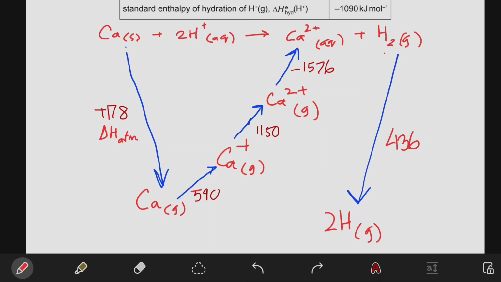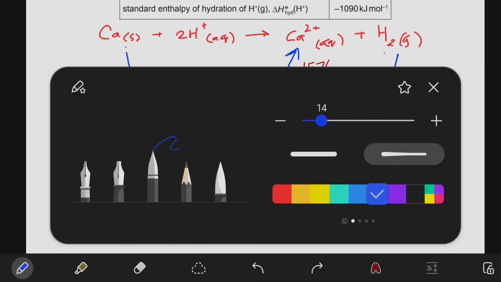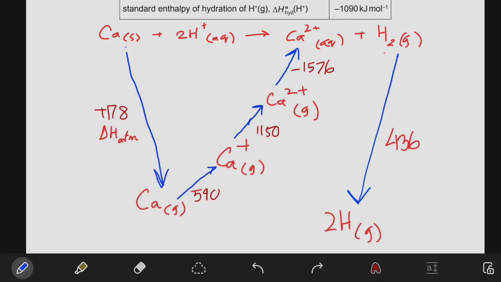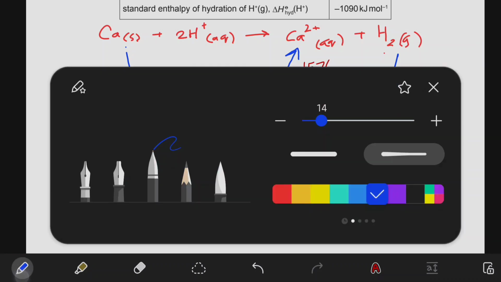Alright, then we have what? Okay, so there is this plus missing here. For that we need the first ionization energy of hydrogen, right? I'm going to make it over here.